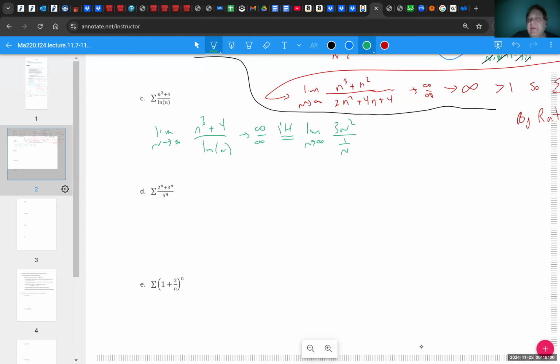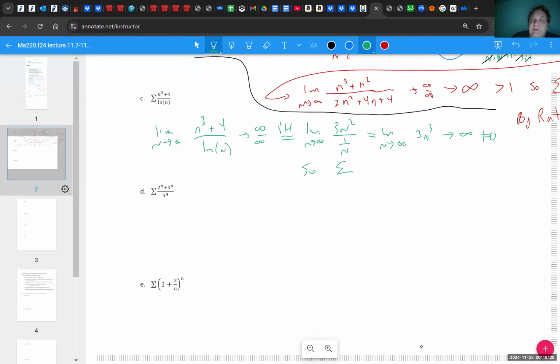When I differentiate the top and the bottom, I just simplify this using basic algebra. And this gives me 3n squared times n, which is 3n cubed. And the limit as n goes to infinity of 3n cubed is infinity. Now, remember, the divergence test says that if the limit is not equal to 0, then immediately know that the series diverges.